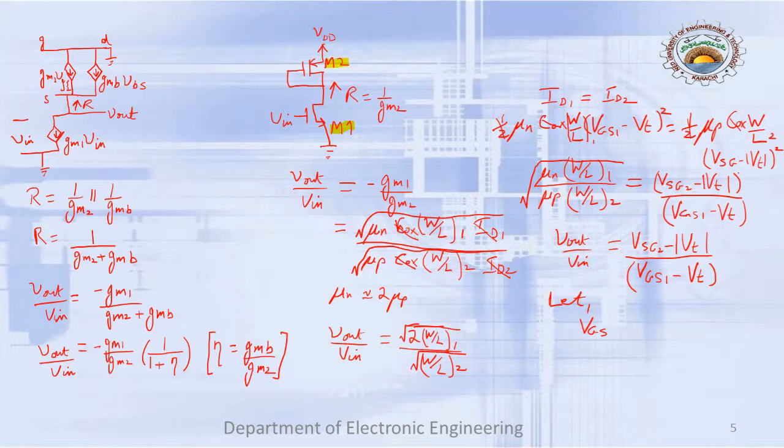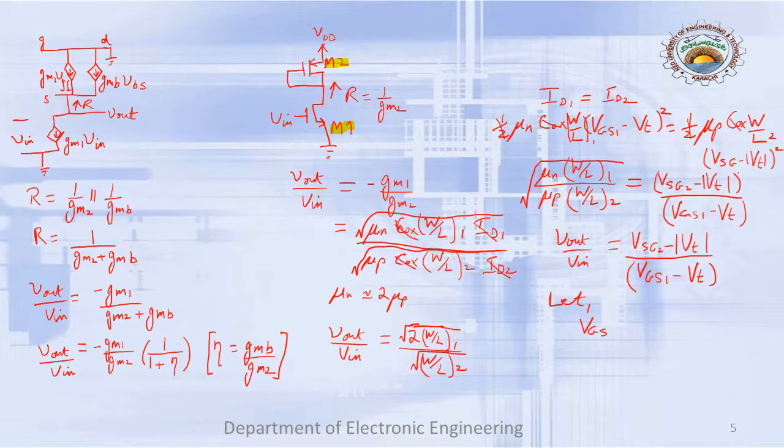So the two transistors are still in series, which means that the current would be the same, they can be cancelled. Cox is the same, capacitance per unit area, it can be cancelled, but mu n upon mu p cannot be simply cancelled because the mobility of the electrons and the holes are not equal.